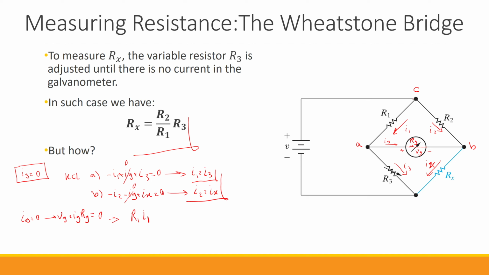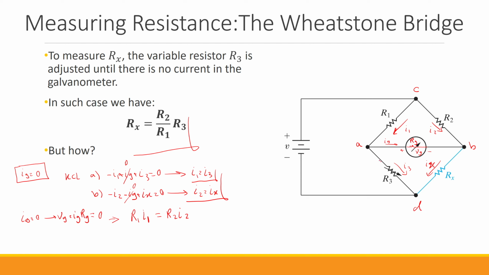So that means that the voltage between C and A is equal to the voltage between C and B. What is the voltage between C and A? It is R1 multiplied by I1. What is the voltage between C and B? It is R2 multiplied by I2.